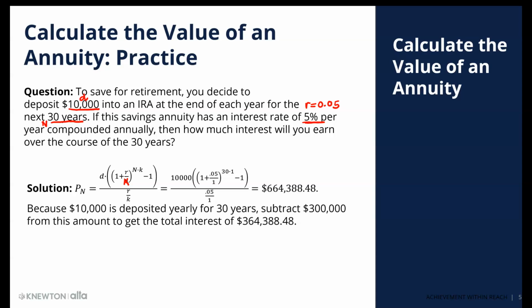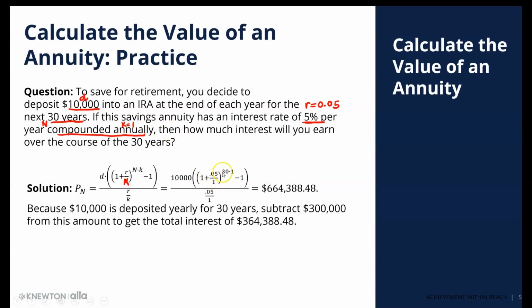Now we plug it into the formula. 10,000 is your amount of payment each year. Rate of interest 0.05 divided by 1. K is equal to 1 because this is compounded annually. So K is equal to 1.